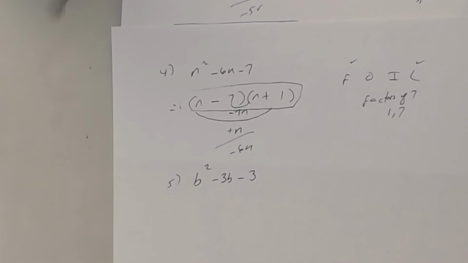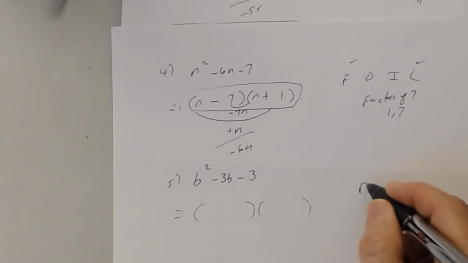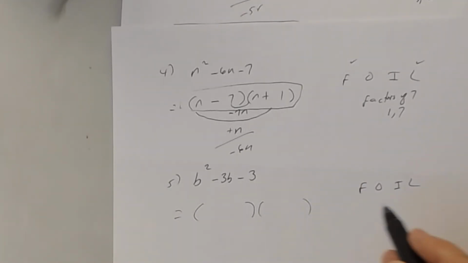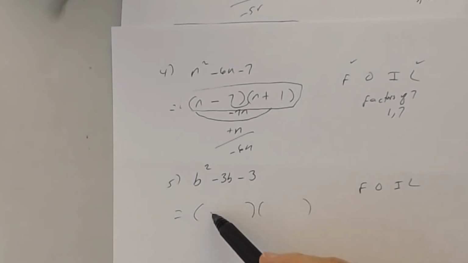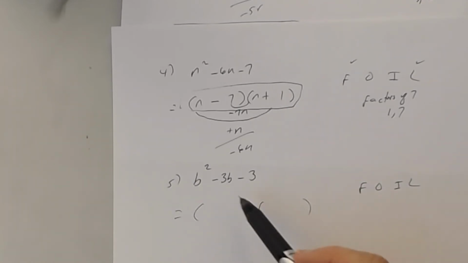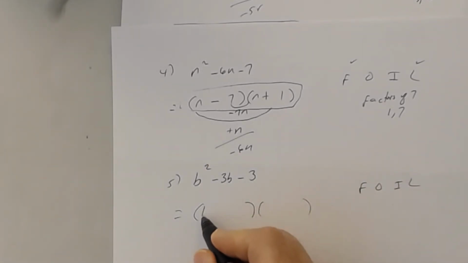GCF is 1. You have a trinomial. You can go directly to the 2 binomials. Okay. Reverse FOIL. Give me 2 factors or 2 terms whose product is b squared. That's the only possibility, b and b, right?